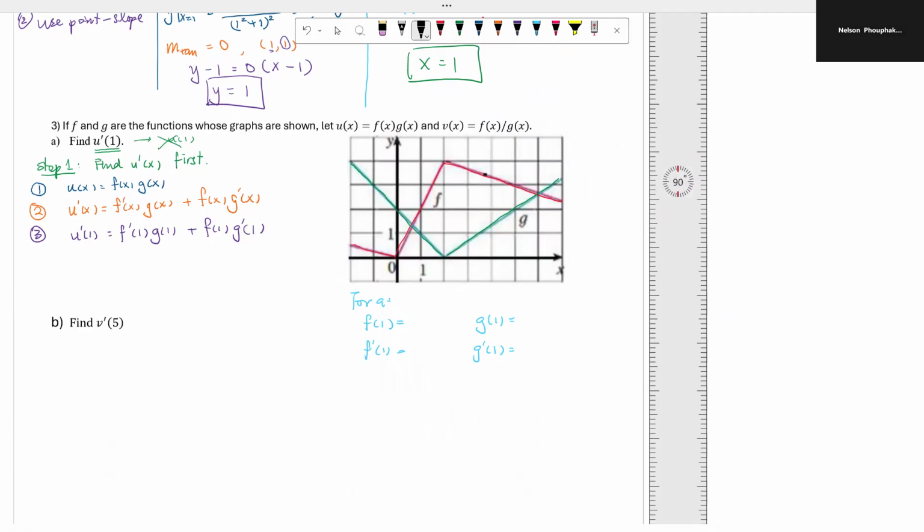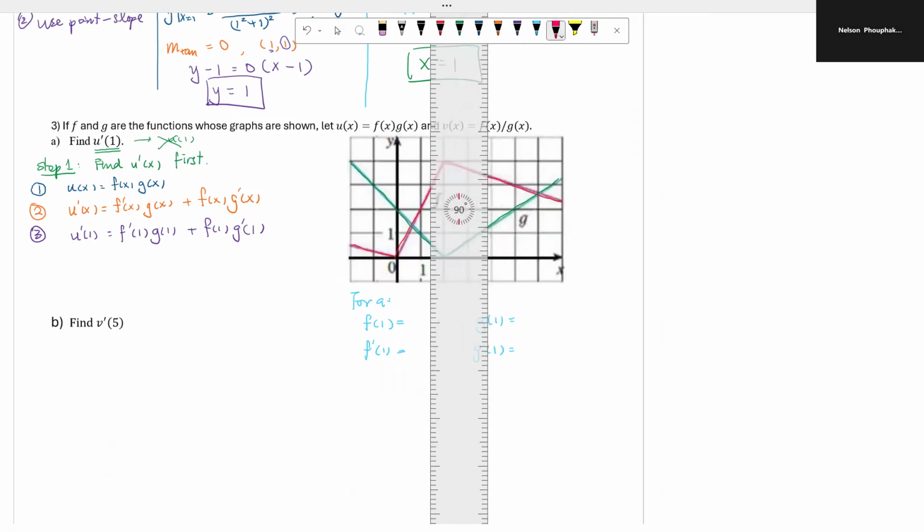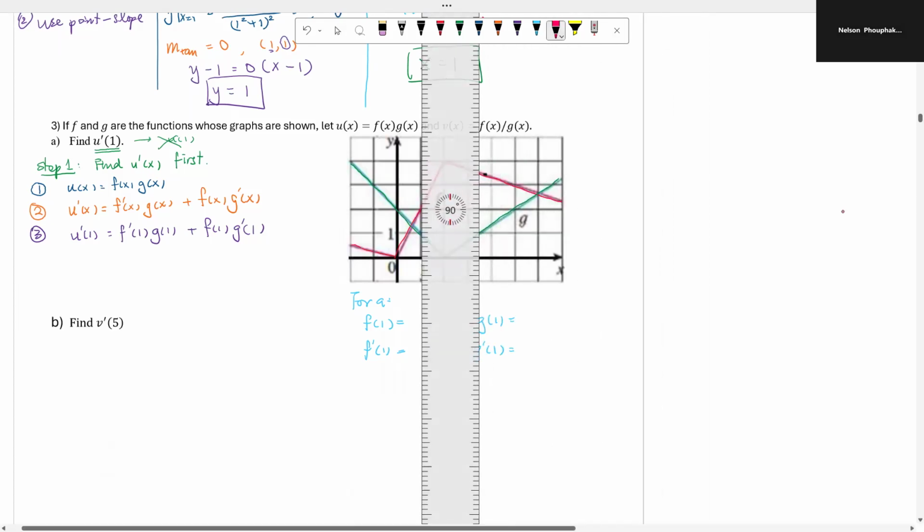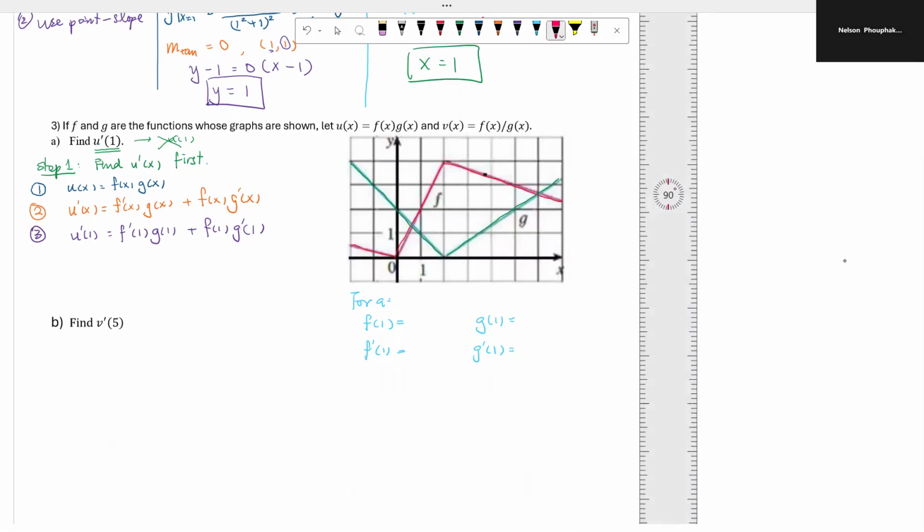So now of course, f of 1 is really easy to find because in this case, f of 1 is equal to 2, right? As x equal to 1 in the f function, I know that this is equal to 2. Okay. And do you remember what f prime of 1 means? F prime of 1 means the slope of the tangent line at x equal to 1.